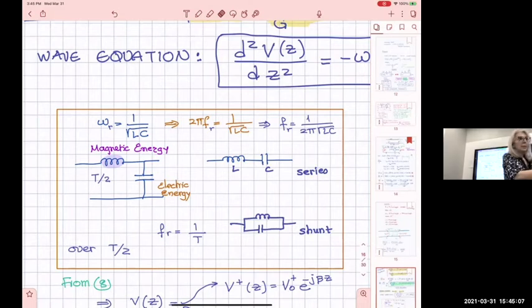I take a section of a line and I make it in a way that becomes a resonator. There is a whole design in high frequency about oscillators.